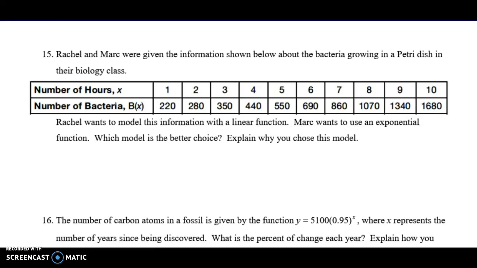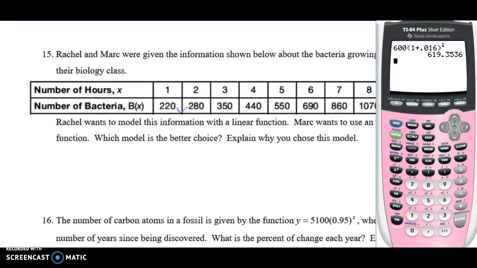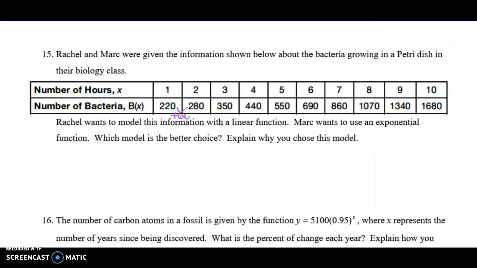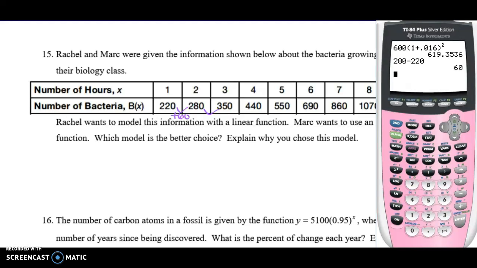So the simplest thing that we can do is figure out how it changed between each group, from 220 to 280. You can always do the 280 minus the 220 in your calculator if you need the assistance. So I see that I added 60. Moving to my next group, from 350 to 280, let's see, 70.